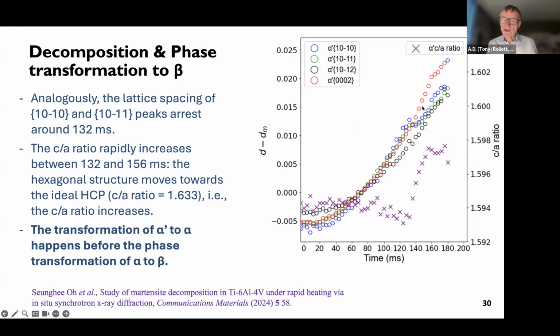The peaks shifting to larger values, and the change in the C/A ratio comes from the difference between the C spacing and the A spacing, of course. So you can see that in the divergence of the red curve. But you can also see how the peak widths go down and then they go back up. So our speculation, and that's all it is, is that you're forming some kind of an intermediary phase. If you're curious, you can look that up in this paper.